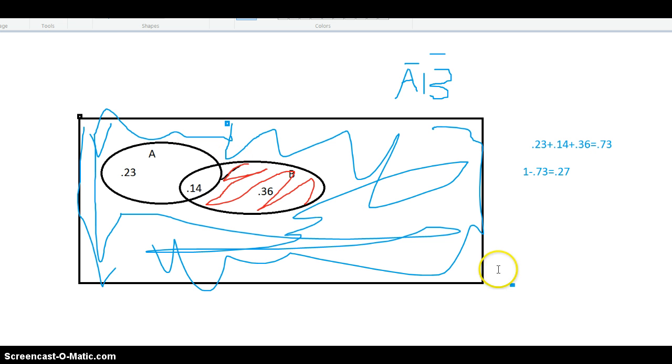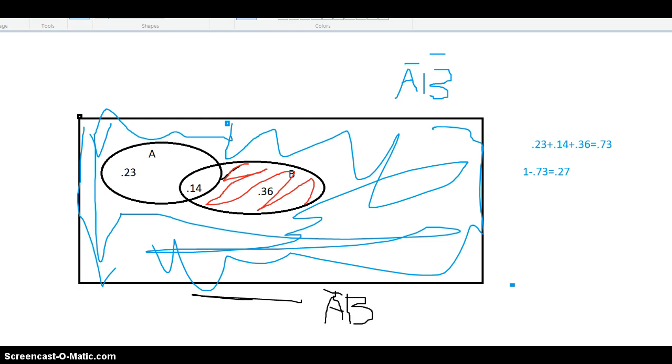A does not occur, so it's A bar, and B does occur, and we don't have a symbol for that, we just write B. So A bar B. Now we look for the section which falls outside A and inside B. From the picture, it's the red section right here, so we know it's 0.36.